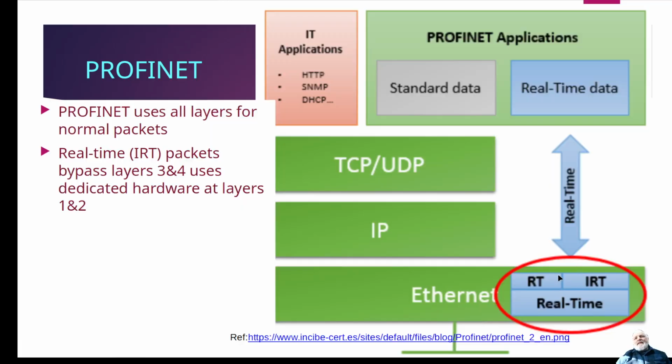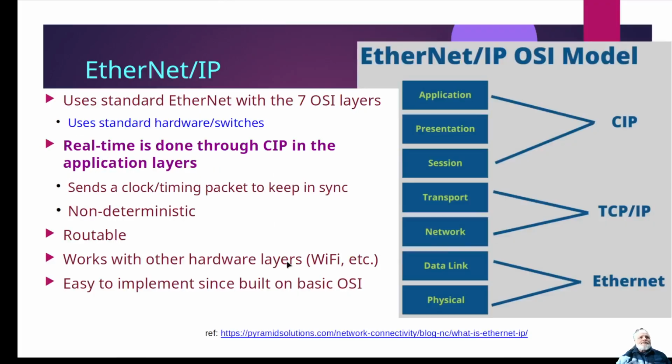They physically made changes to the hardware, so you can't do real-time data with Profinet with off-the-shelf hardware. You have to buy specialized hardware, which of course increases the cost. It also again skips over the IP and the TCP layers to help improve the speed.